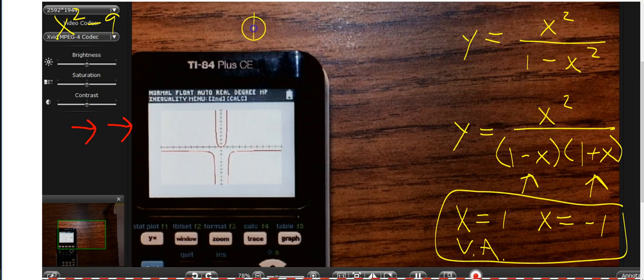Right? We want to know the limit as x approaches infinity of x squared over 1 minus x squared. And we can do the negative infinity as well. But I think this will kind of get us the picture.